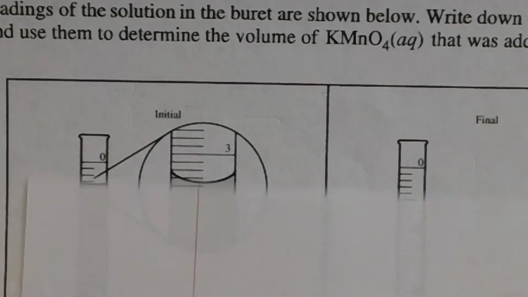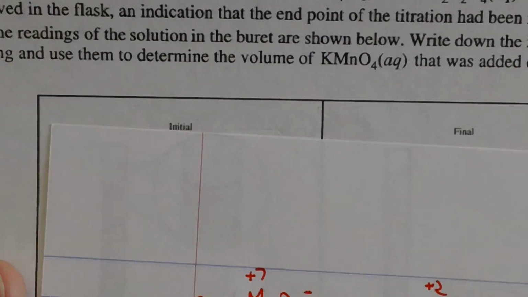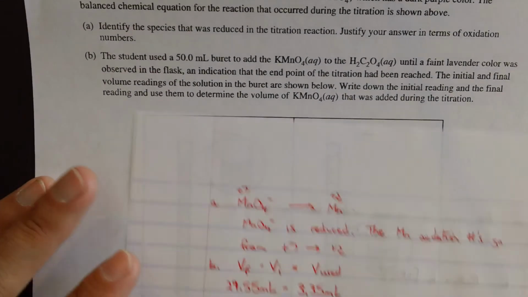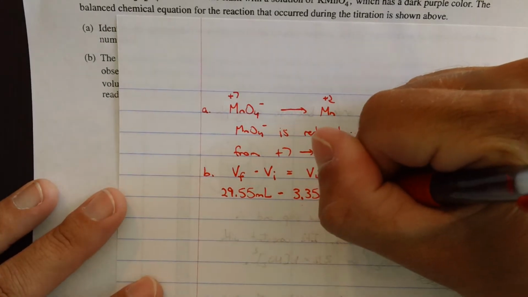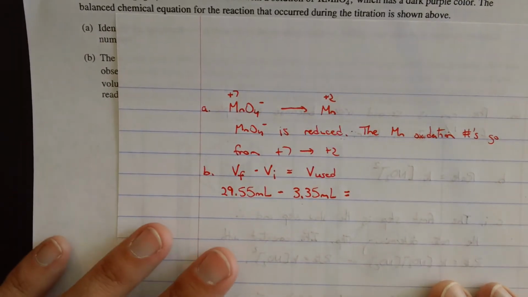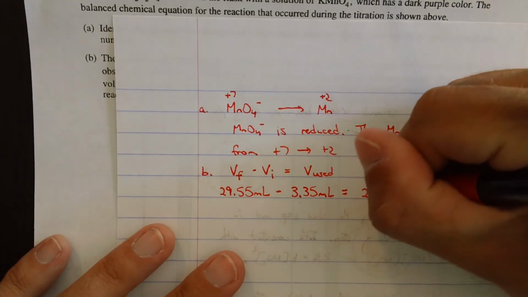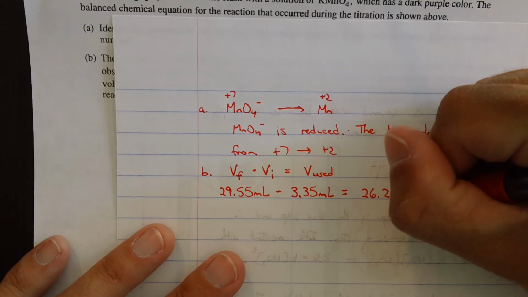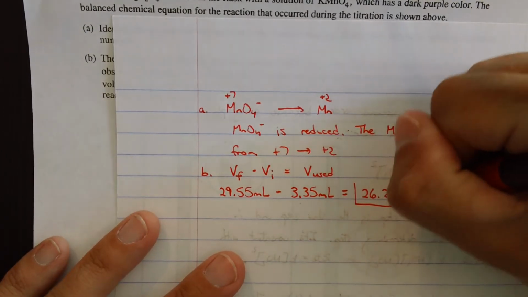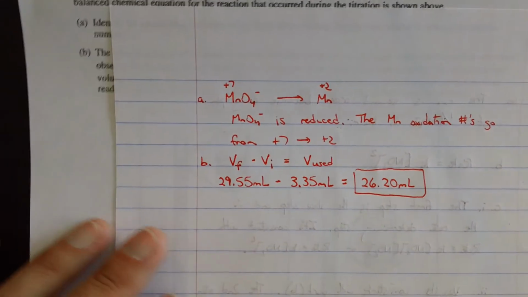So 3.35. So there are my final and initial readings. And so there's my final minus my initial, and that equals the volume that I used. That's all part B wanted. 26.20 milliliters is my volume used.